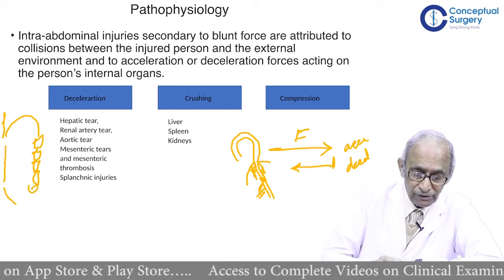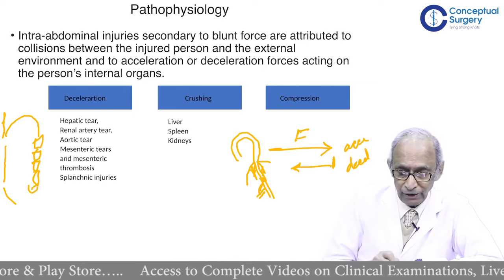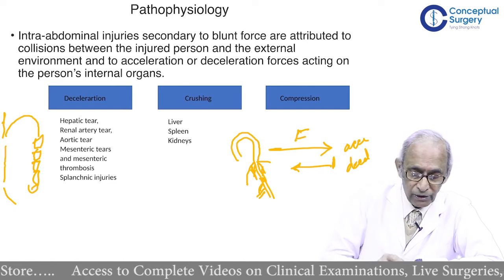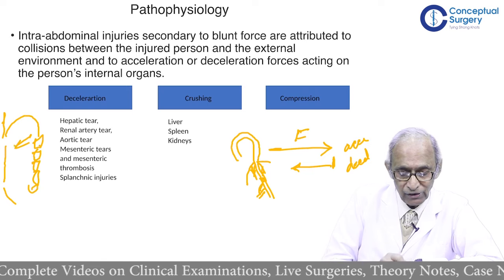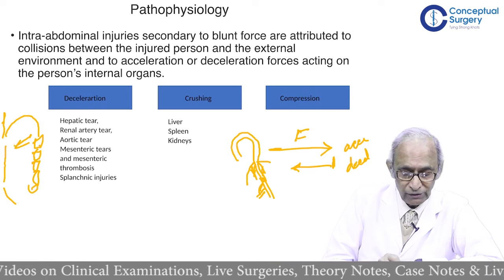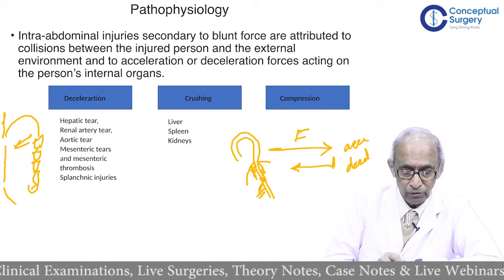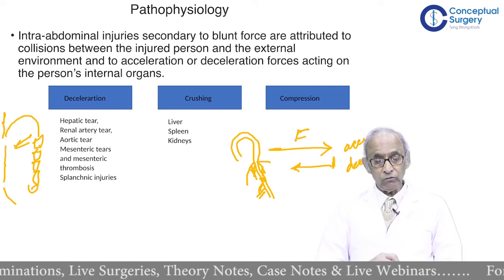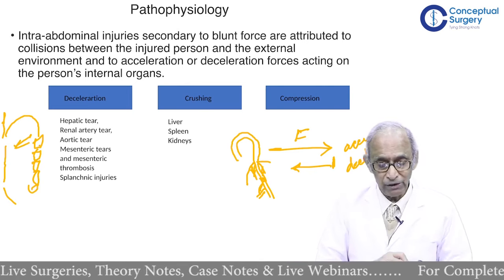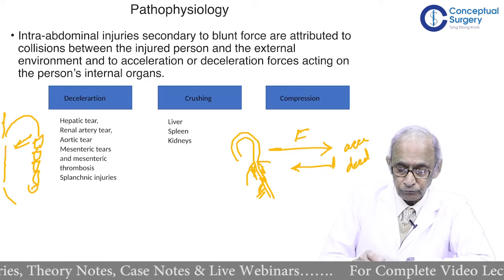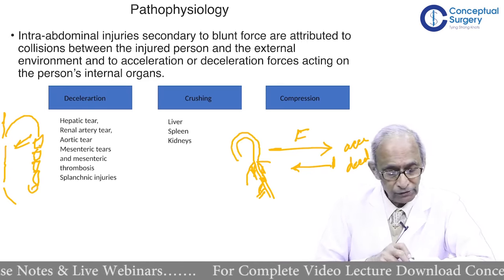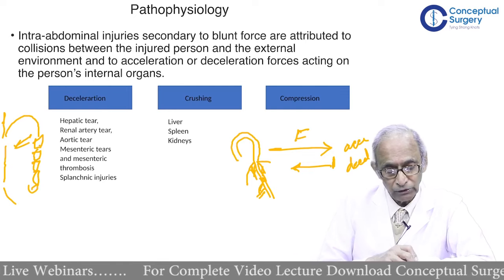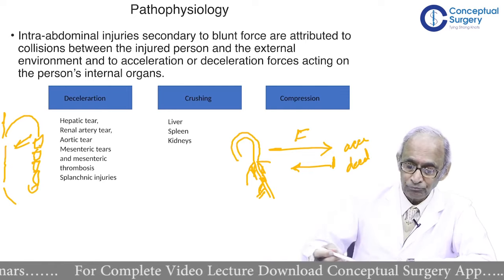So when there is sudden movement forward and backward, the organs which move forward and backward tend to get caught between the fixed posterior vertebral column and the anterior abdominal wall. So this is crushing that takes place. And the liver, spleen and kidneys are the structures which tend to get injured because of this kind of force.